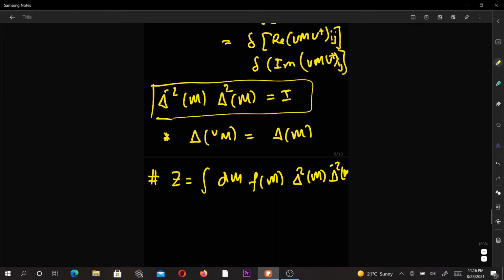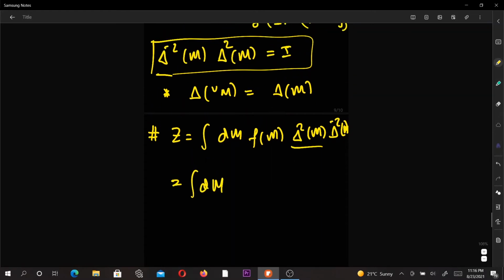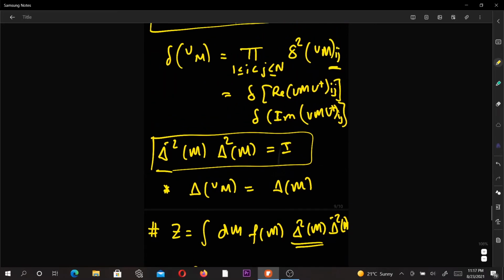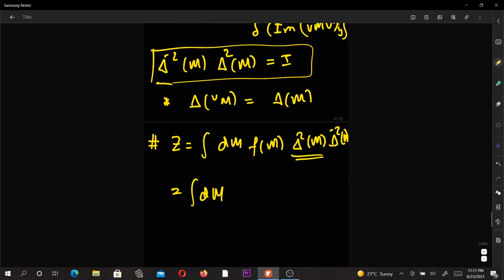Since they are the identity, we can just pop this out. Note that we don't know what this is. We have just introduced a quantity which is the inverse of this quantity, but we don't know what that is. We introduced it so that it doesn't affect our integral, because identity multiplying anything is just that thing. So we have introduced these two things, and f of M.